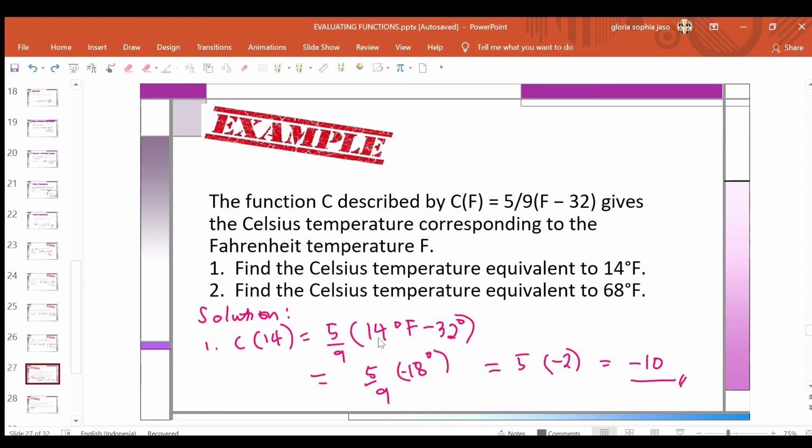Then, simplifying, 14 degree Fahrenheit minus 32 degree Fahrenheit is negative 18 degrees Fahrenheit. Then, simplifying, 18 divided by 9, and that is equal to negative 2. So, simplifying, 5 times negative 2, that is equal to negative 10.